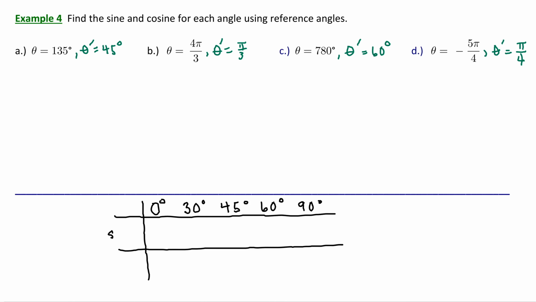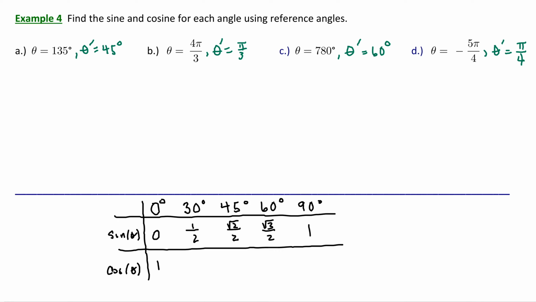So let's find sine of each angle and cosine of each angle. Sine of 0 degrees is 0. Sine of 30 is 1/2. Sine of 45 is square root of 2 over 2. Sine of 60 is square root of 3 over 2. And sine of 90 is 1.